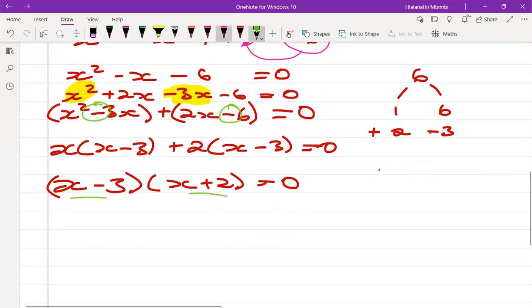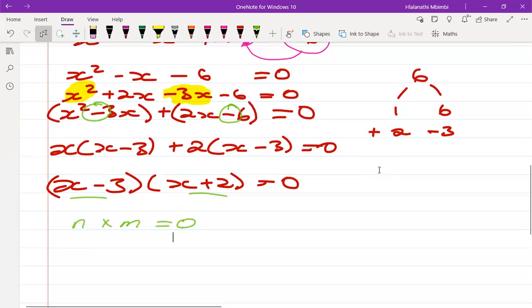Now, I want you to note something amazing, is that if you were to have n, you multiply n with m and you get 0. What can you say about n and m? One of them is 0. Thank you very much.